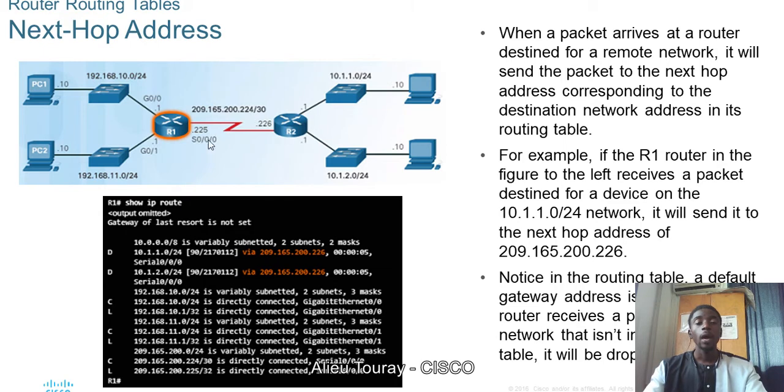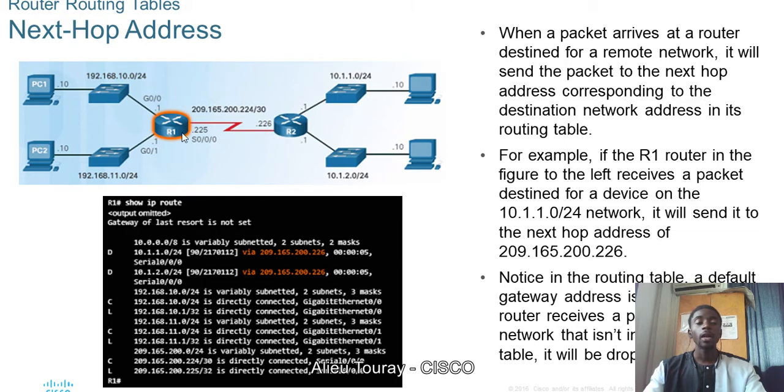Let's say, for instance, router 1 and router 2 share this network 209.165.200.224/30, and router 1 on this serial link is using 225, and router 2 is using 226. So router 1's neighbor here is router 2. In order for router 1 to get to router 2, it will use this neighbor's IP address.